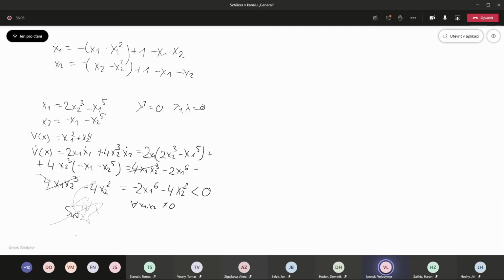Why? Because we can prove the global exponential stability of this system, but we need to use some extension. We need to find some constants C1, C2, C3. But at this phase of the lecture, you only know how to check if the system is globally asymptotically stable.